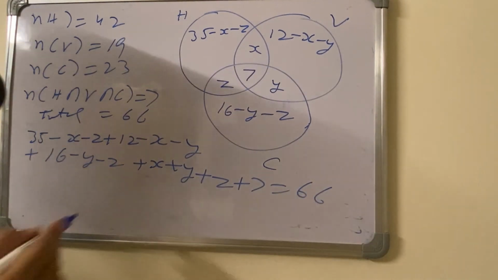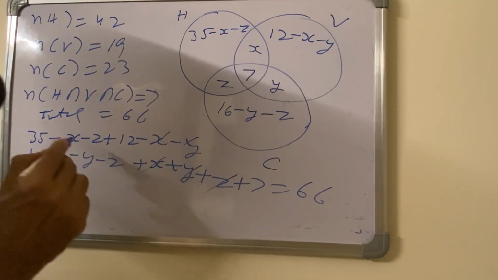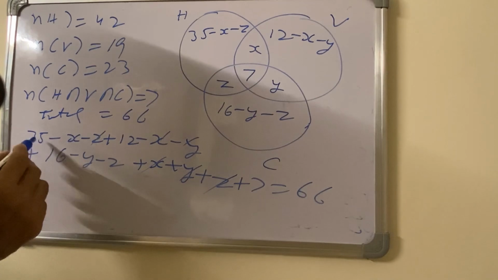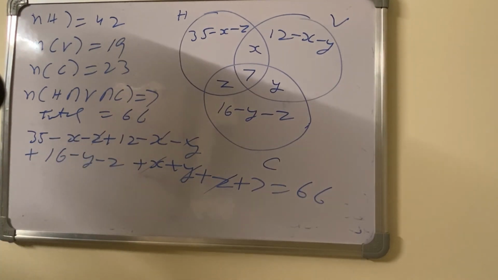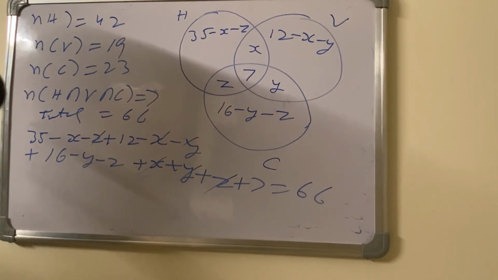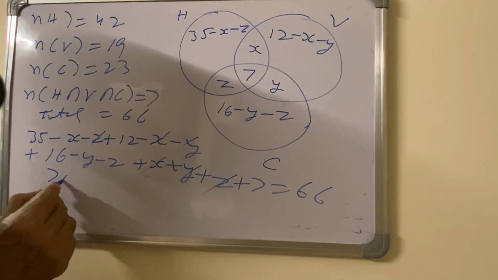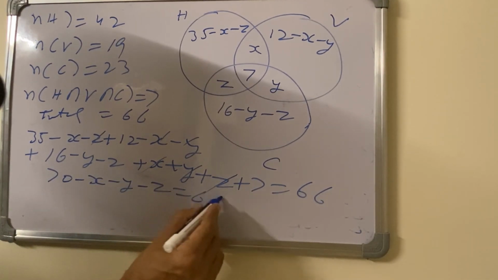So we simplify this, cancel x, y, z. So we are left with 35 plus 12 is 47. 47 plus 16 is 63, plus 7 is 70, minus x minus y minus z is 66.